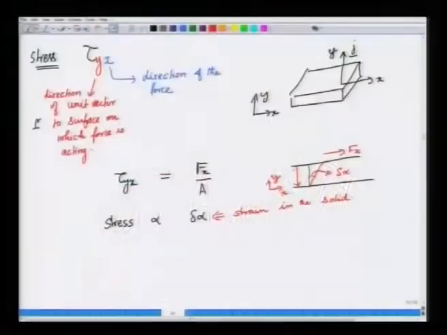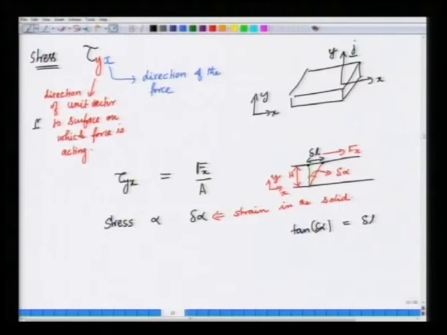So, let us do some simple geometry. This height was h. The displacement of this line from here to here was delta L at the top plate. So, tan delta alpha from this figure is delta L by H. But when you apply small enough forces, delta alpha will be small.